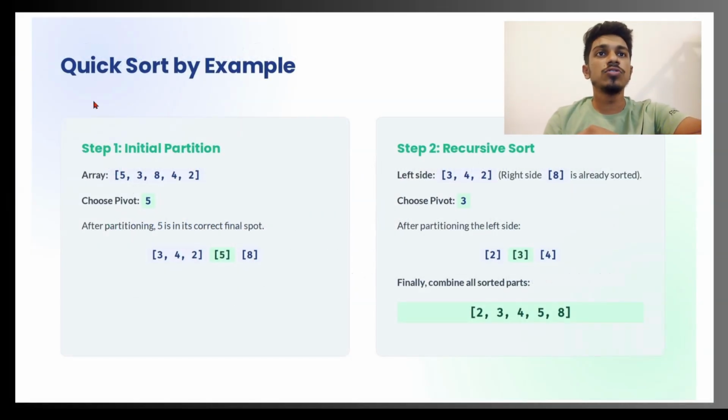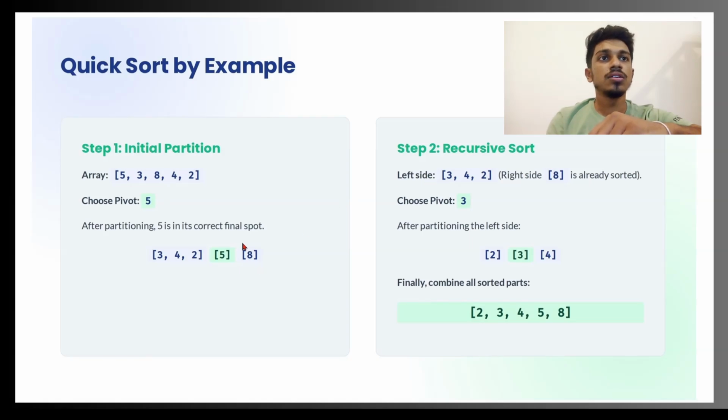Okay, let's work through the example. I have an array 5, 3, 8, 4, 2. Now I pick the first element 5 as my pivot. Now I partition the array. After the process, all smaller elements 3, 4, 2 move to the left of 5 and the larger element 8 moves to its right.